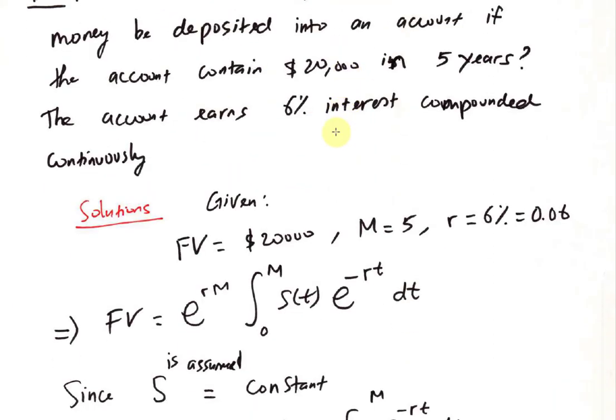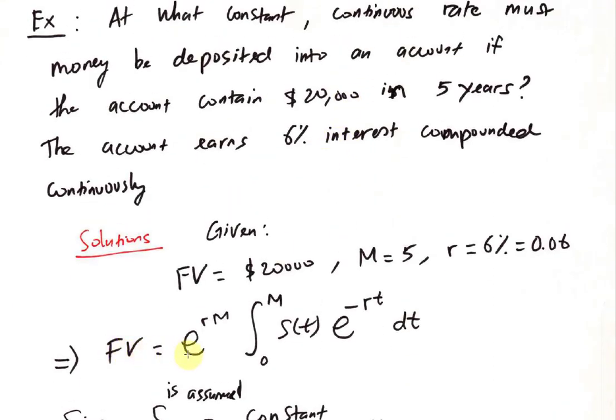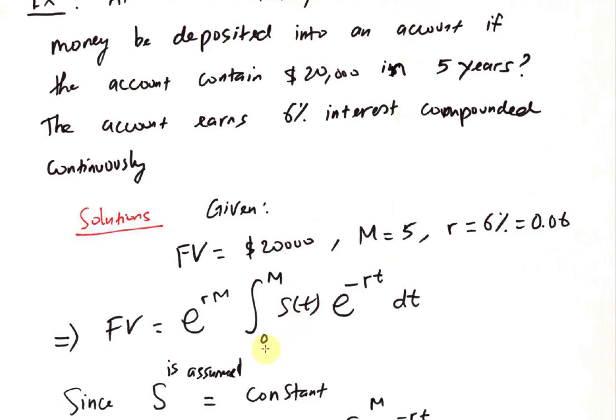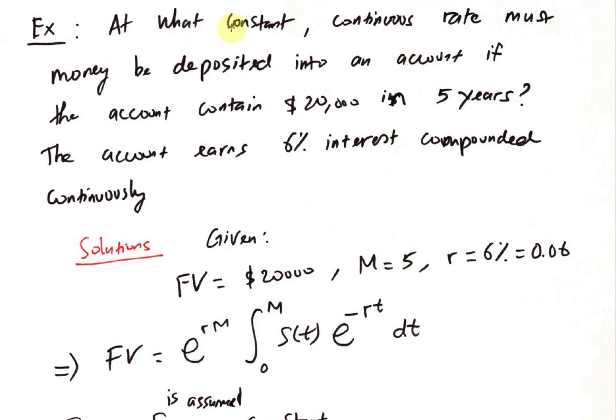So we are using the same formula. Future value equals e to the rm, the integral from 0 to m, S of T, e to the minus rt dt. They are looking for at what constant continuous rate, that is the flow rate of money. They ask you for the S of T value. And we assume that S of T is a constant because they said at what constant. A constant is a single number.